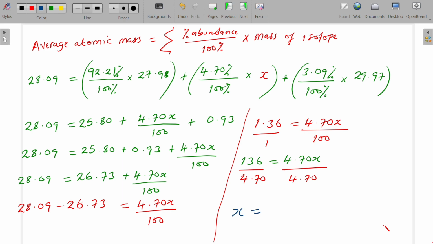Our x will be equal to, when we do mathematics there, we're getting 28.94. So 28.94 is the value of x that we are looking for. So we found it, 28.94. And this is how you go about this type of questions.